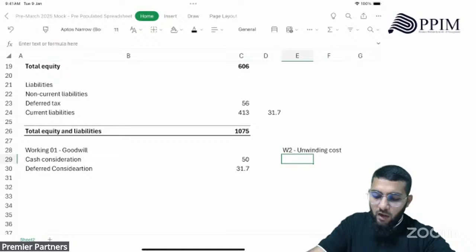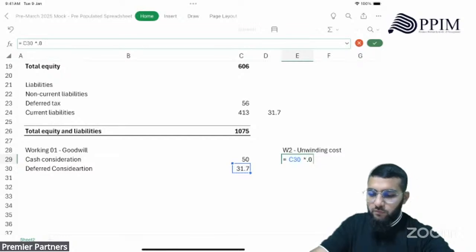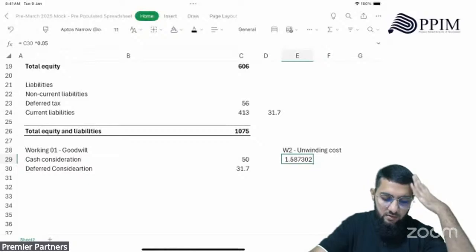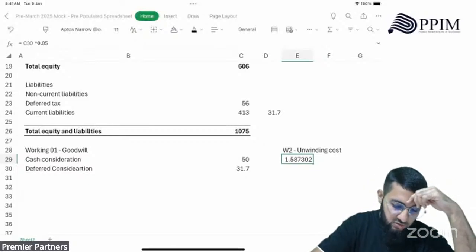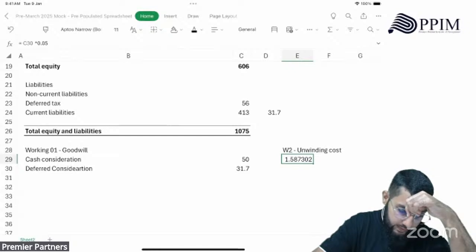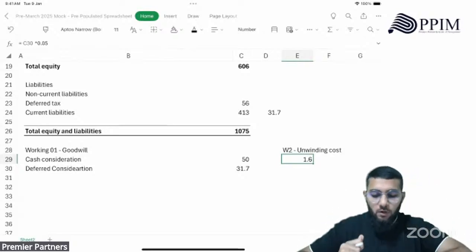How would the unwinding happen? 31.7 million into 5%. That's our unwinding cost. So we round it off to 1.6. There we go.